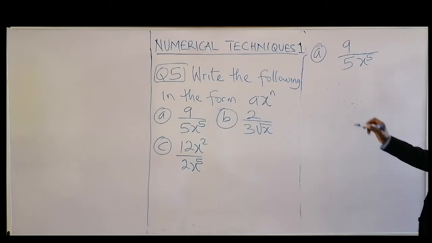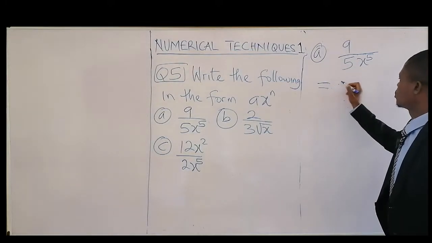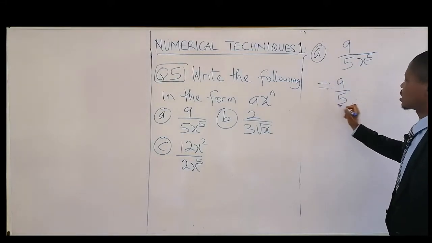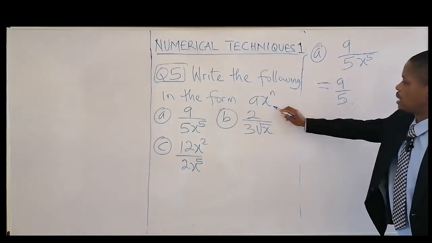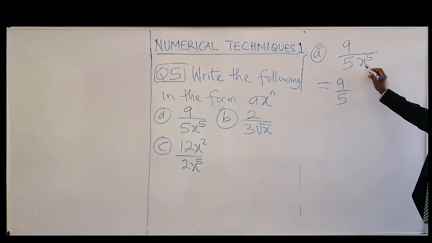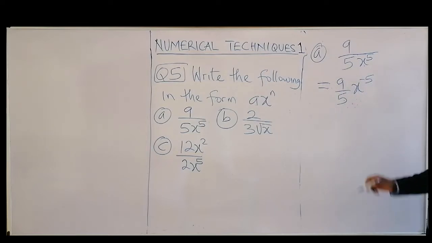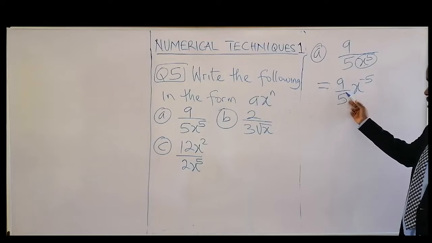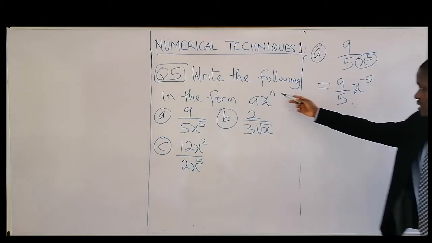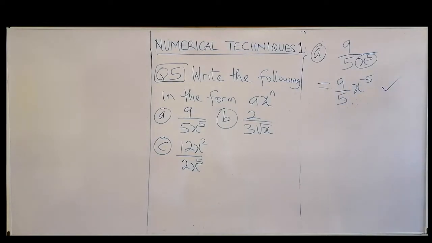What we do is this. 9/5 is a constant, followed by this one. Take this one up, that will be x to the power minus 5. Raise this one, this is a variable. That's in that form, where A is 9/5 and your N in this case is minus 5. You finish that.